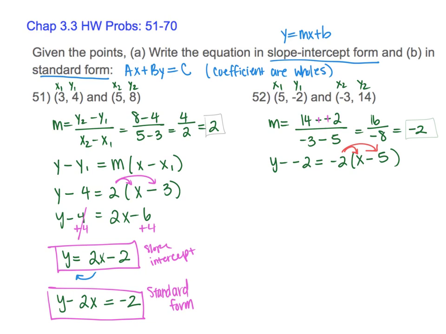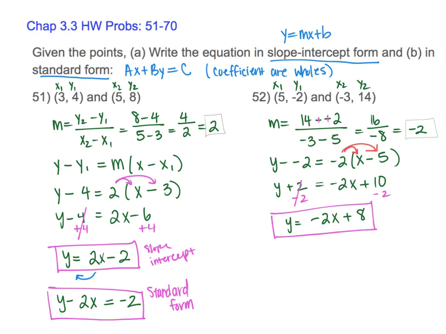So in this case, it's going to be negative 2x plus 10. I'm going to drop this down as a positive 2 since those are two negatives. And now I can see I need to subtract this 2 over to the other side to cancel. So y comes down, negative 2x comes down. This will be a positive 8. And so I'm going to box that in as my final answer. So this is my slope-intercept form.